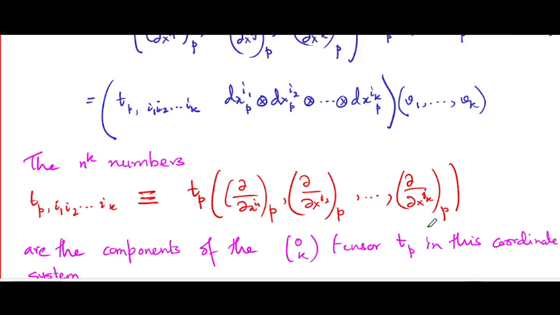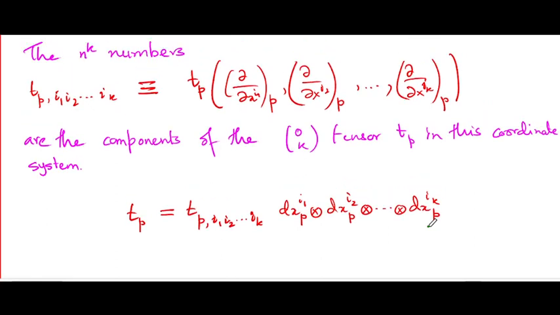It's just a machine which takes k vectors and changes them linearly, multilinearly, into a single real number. Much simpler and more elegant, definitely, than a bunch of n to the k numbers which transform in a particular manner. In fact, the transformation law is also something which follows immediately from the definition that we have written down here.